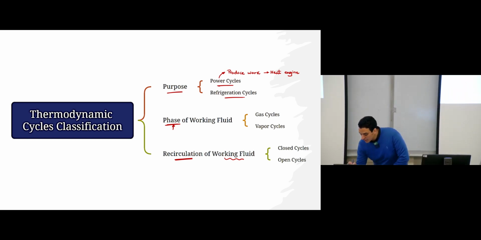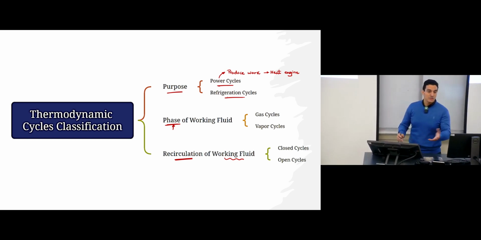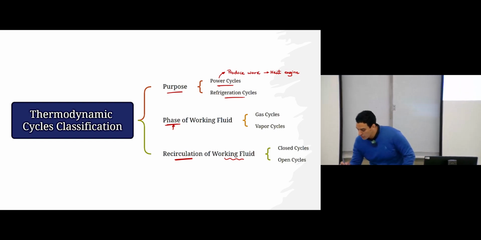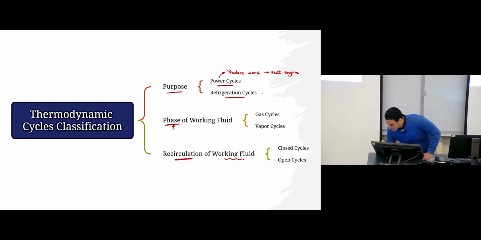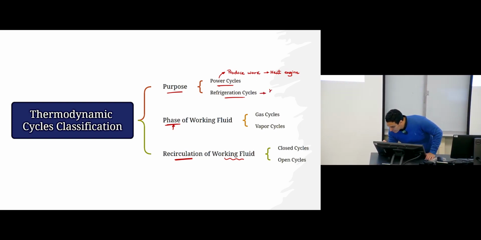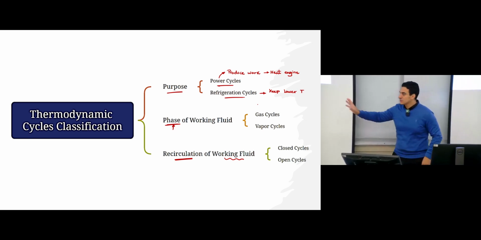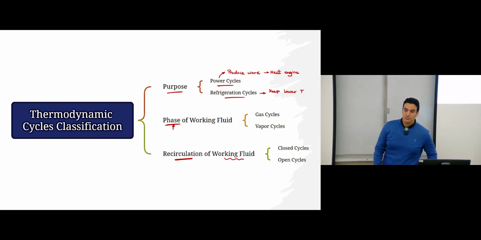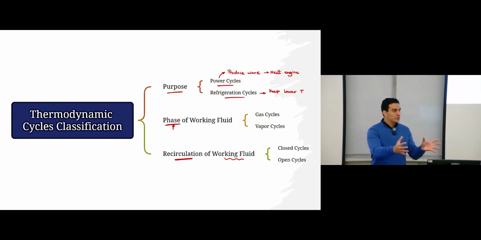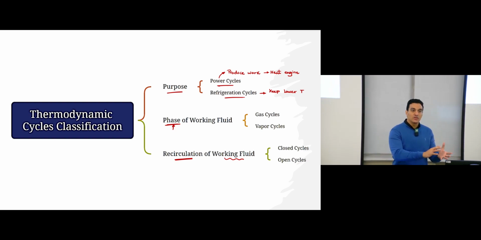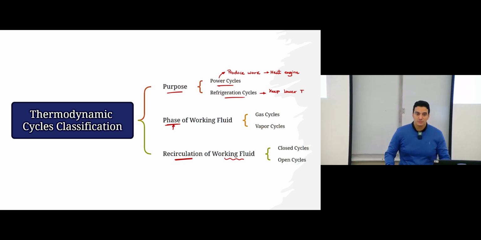The purpose can also be refrigeration cycles, similar to the refrigerators we have at our homes. Here we are trying to keep lower temperatures, and the example is very clear. We have a part of the system, or a region, and we need to keep the temperature of this system or region always at a low temperature to maintain the refrigeration process.